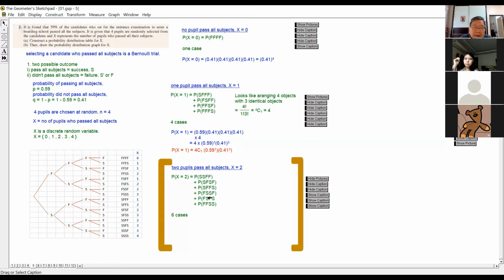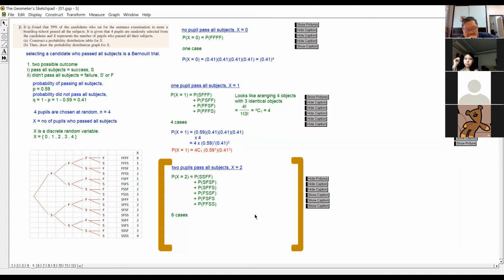When I count all these, there are altogether 6 possible outcomes which have 2 successes, and of course 2 successes means 2 failures. Now, if I look at the tree diagram and choose the ones with x equals 2, it is quite difficult.